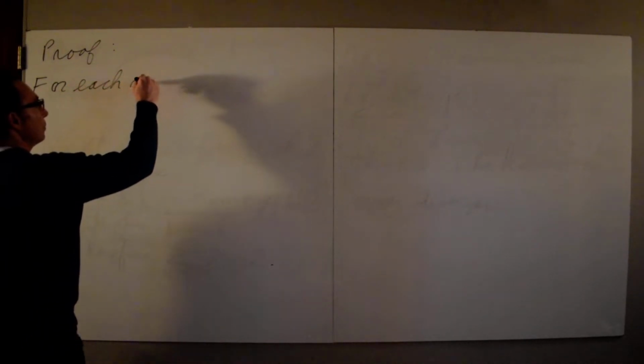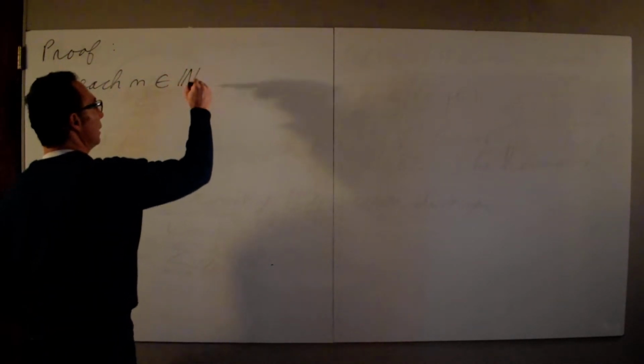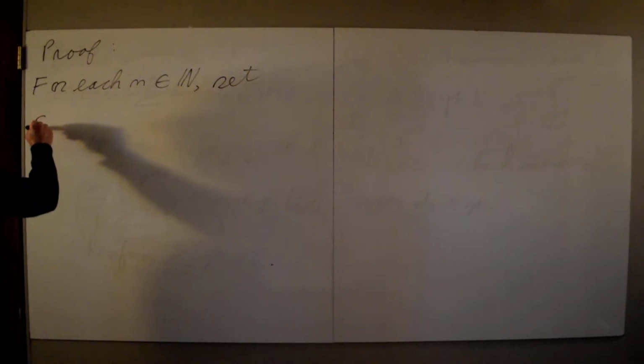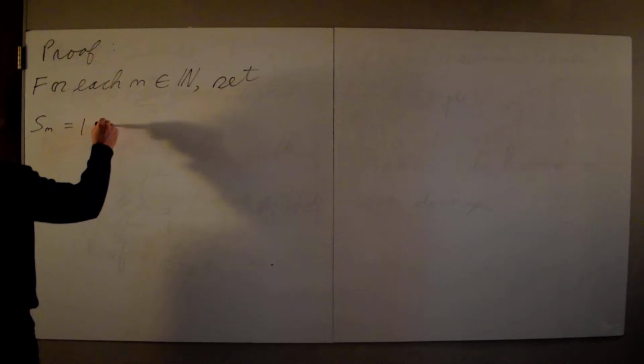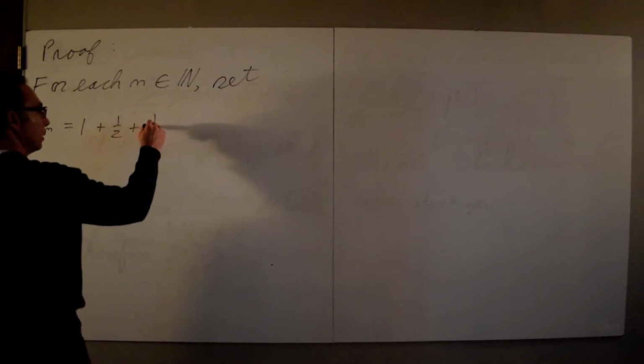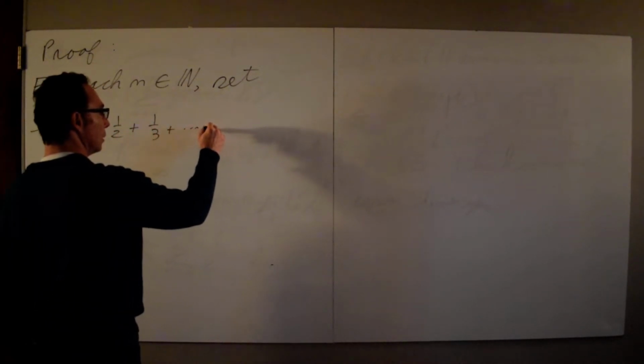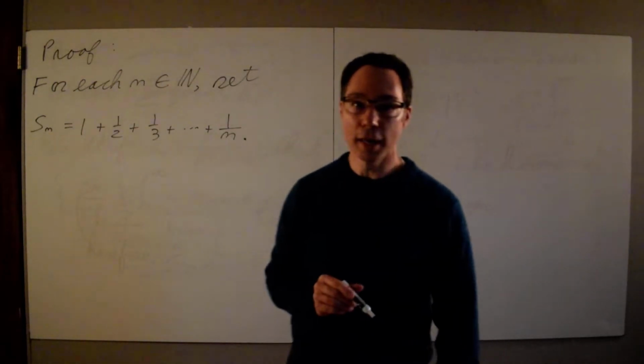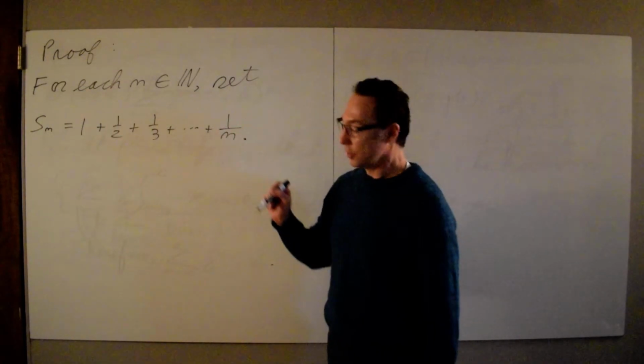So our proof. For each natural number n, let's set s sub n to be 1 plus 1/2 plus 1/3 up to 1 over n. In other words, s sub n is the nth partial sum for this series.